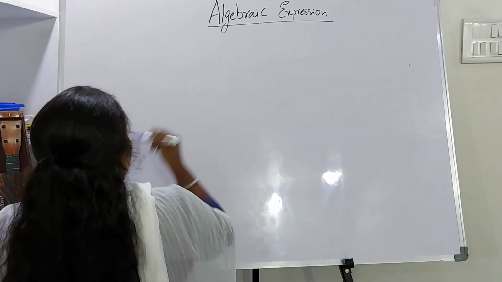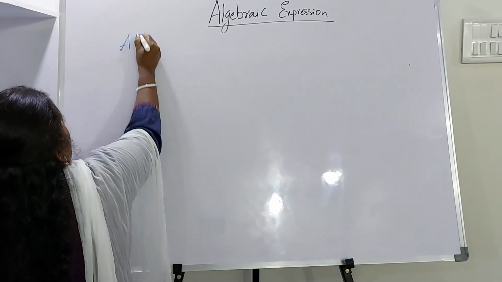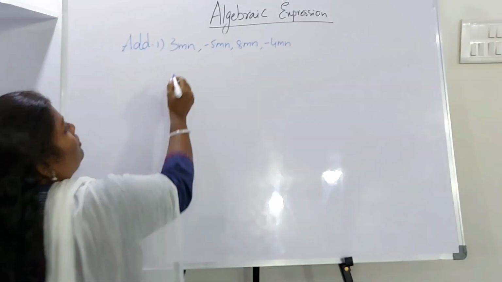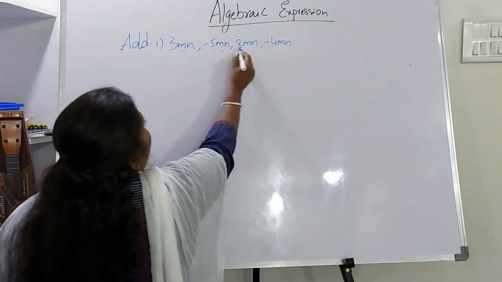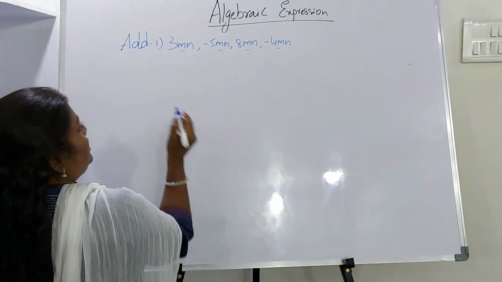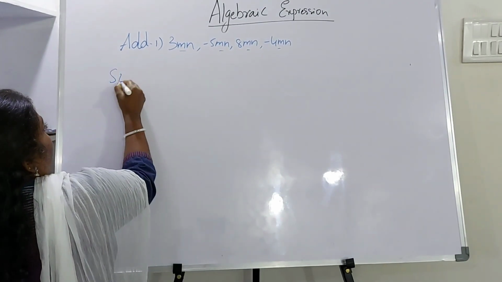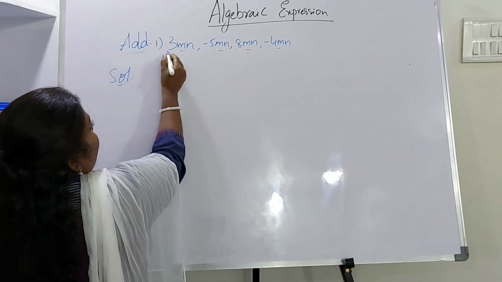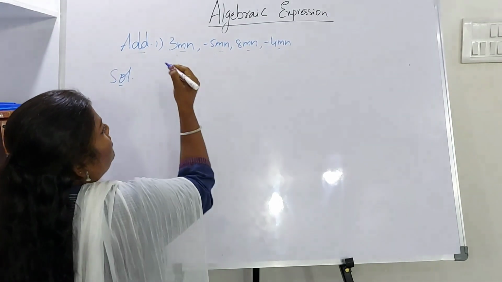Now let's next do addition. I have taken an example for doing addition. Here you can observe that all the terms have the same variable, so since it's an addition, we have to combine them using a plus sign.